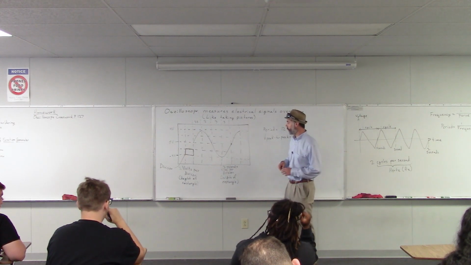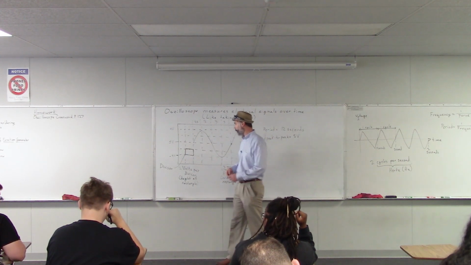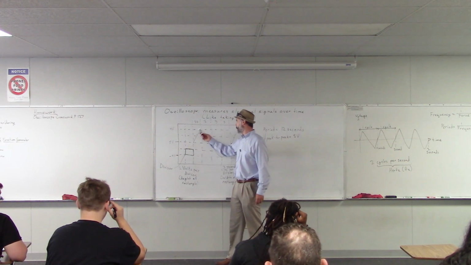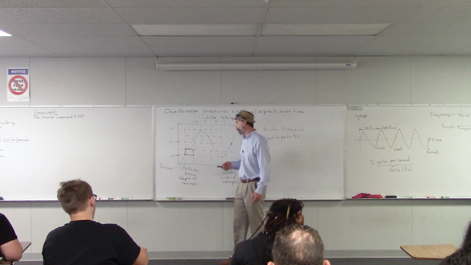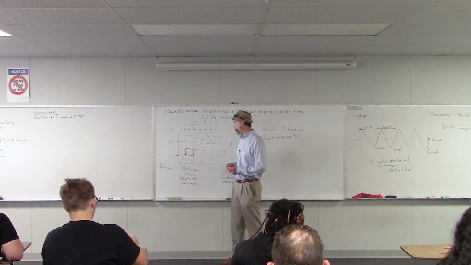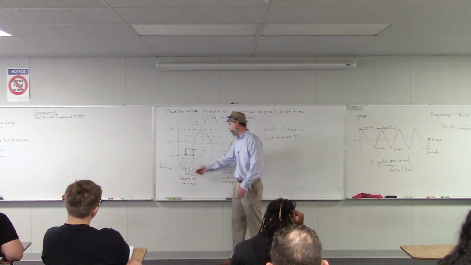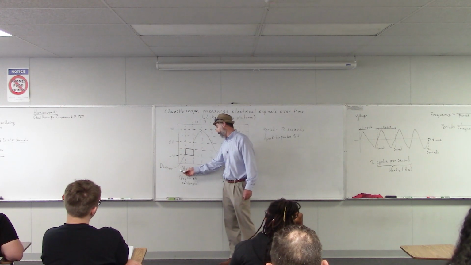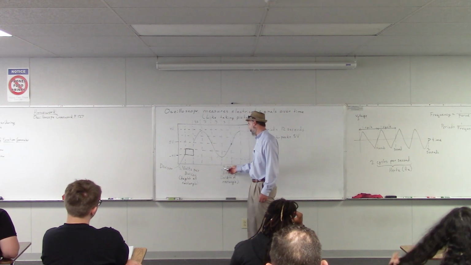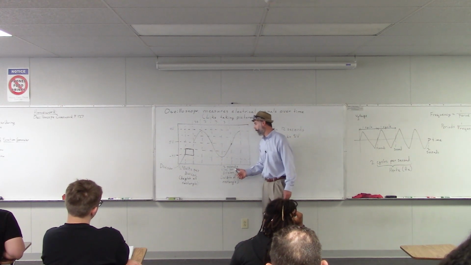Yeah. So, okay. When you set up your oscilloscope screen, however you set it up, it will tell you at the bottom how many volts per division you have and how many seconds per division you have as well.